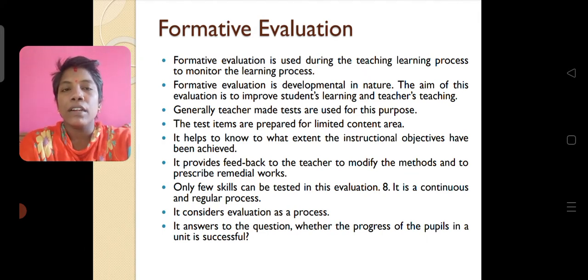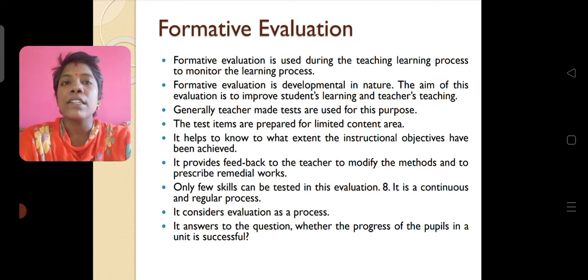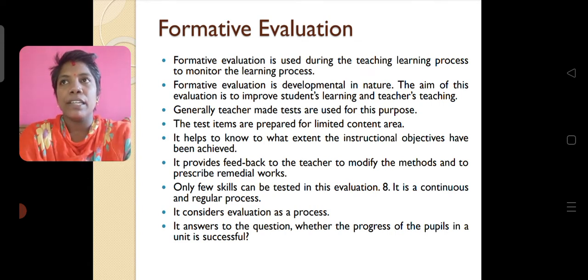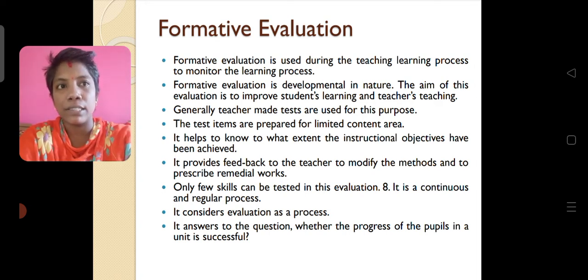Now in Samacheer education, for 6th to 9th standard, they follow formative 40 marks, then summative 60 marks. These 40 marks are given through activities, monthly tests, and home assignments. Every month the students are assessed by formative evaluation.